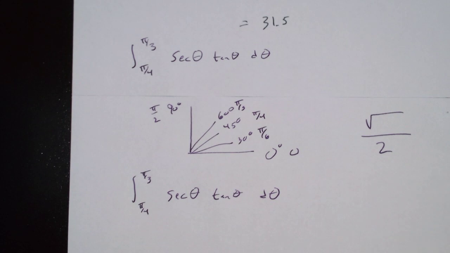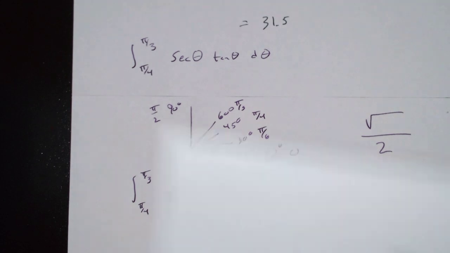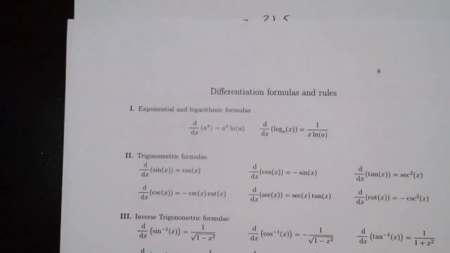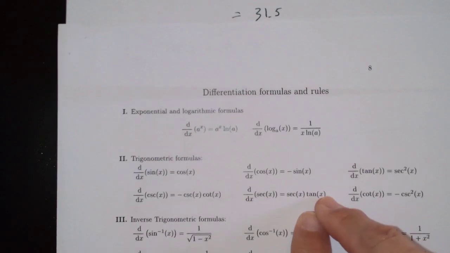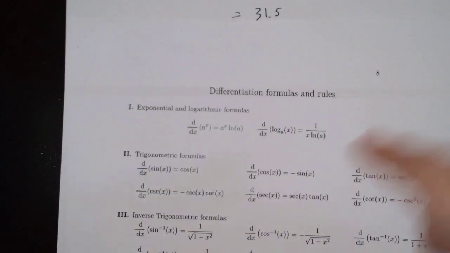Out comes my formula sheet again. Something whose derivative is secant tangent. The derivative of secant is secant tangent, so the antiderivative of secant tangent is secant.